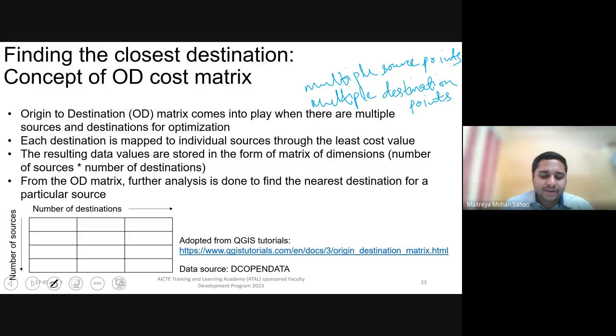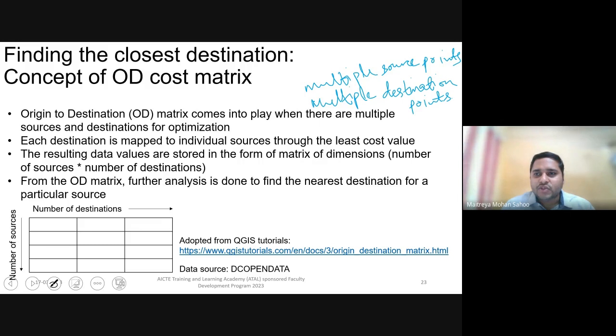destination cost matrix. In the previous section, we only discussed when there is a single source and either multiple destinations, or multiple sources and a single destination, or a single source and a single destination.